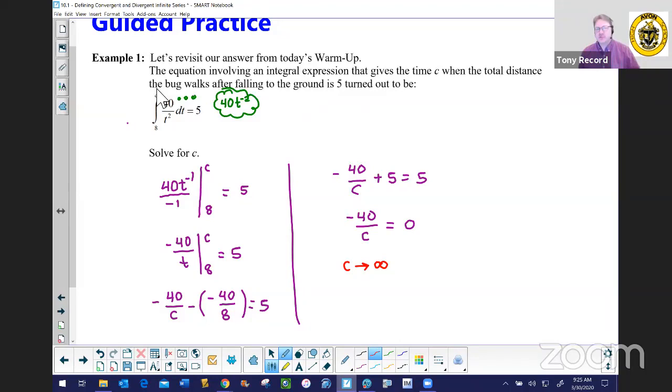Or does he just approach it? Or maybe does he converge to that total distance traveled of 5? So it's probably acceptable in this particular situation to say that the limit as c approaches infinity of this quantity is indeed 5.